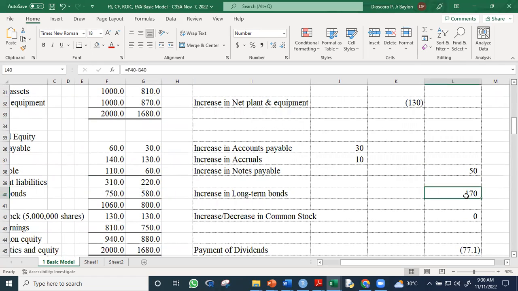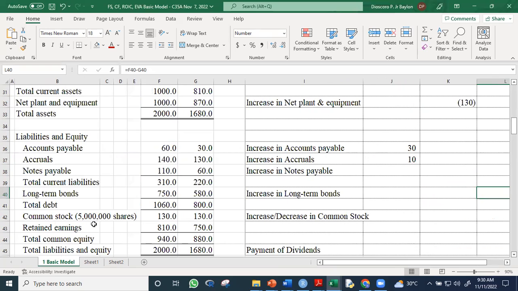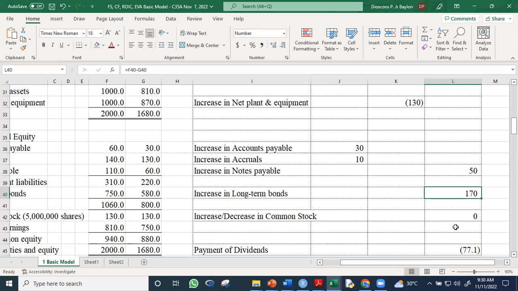So it falls under financing, and then it's a source of cash. If there's a change in common stock, then it will also form part of financing. I just indicated this, even if there was no change, just as a discussion point.